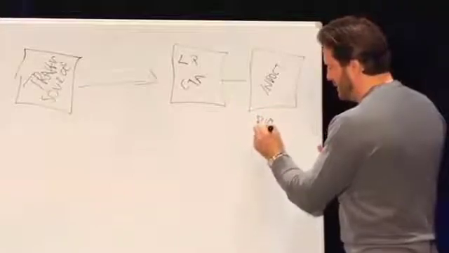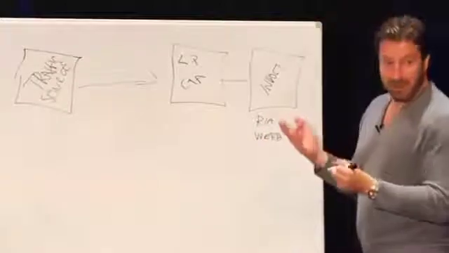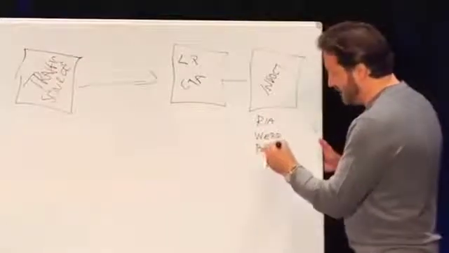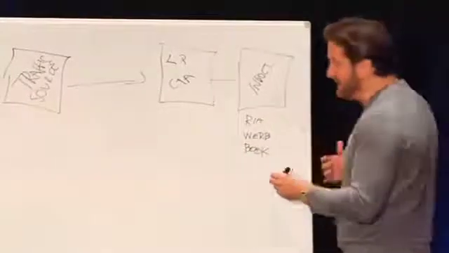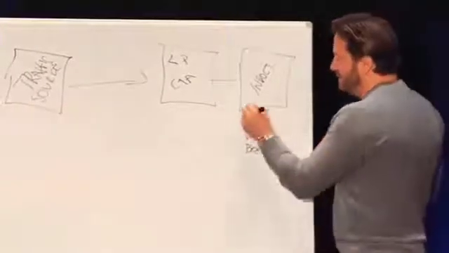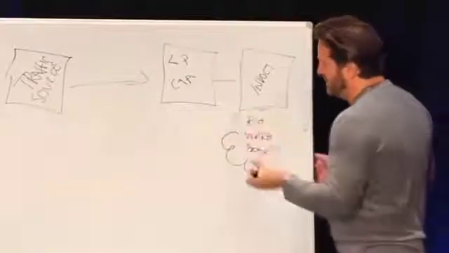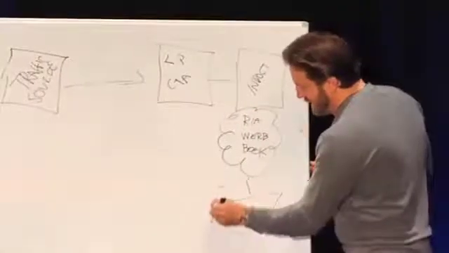The webinar has indoctrination on the webinar itself. The book has indoctrination because it leads to a webinar and they consume the cheap thing that they bought. All right? And this is just a little description here. And then the indoctrination leads to the application.